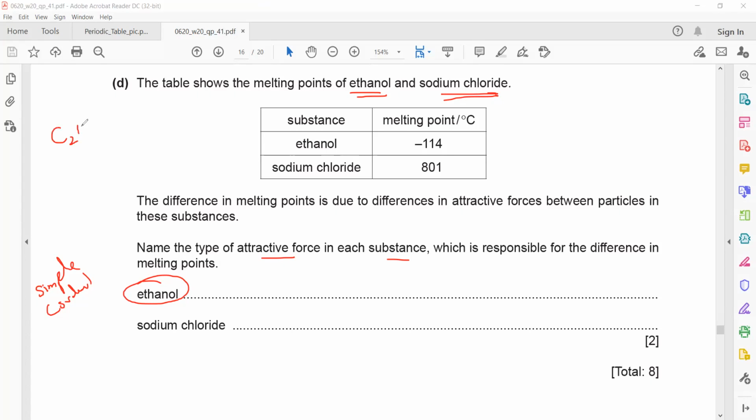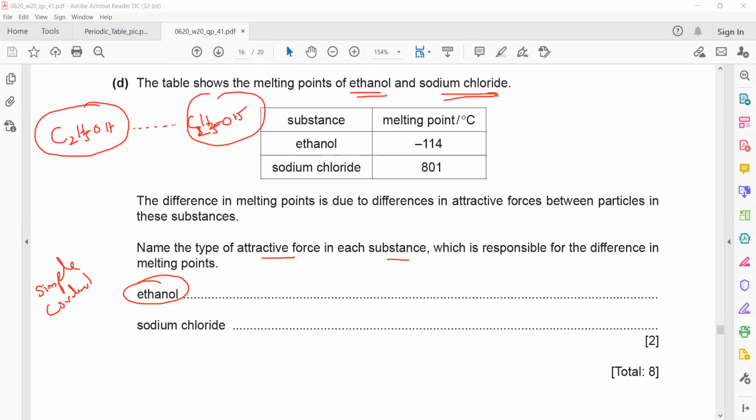This is one molecule of ethanol and this is another molecule of ethanol, C2H5OH. We want the force of attraction between these ethanol molecules. What is the force of attraction between the molecules?